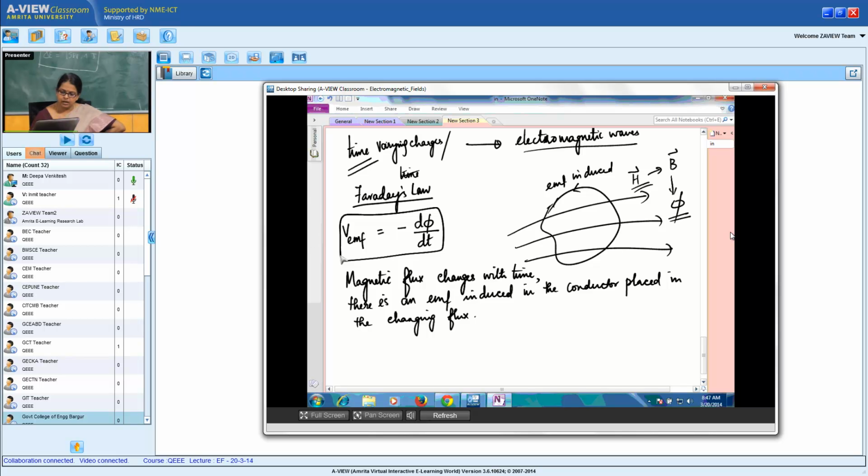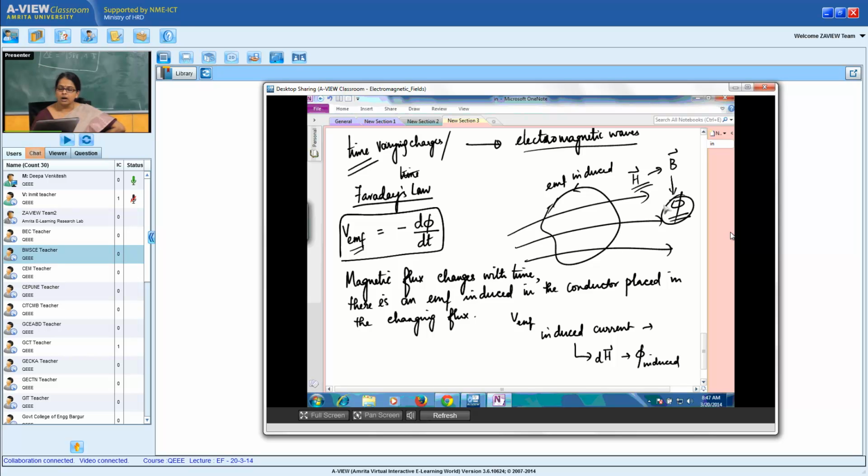It has to be negative, it can't be positive, because of the following reason. If there is an EMF, I will have induced current, right? And I know from Oersted law, Biot-Savart law, that induced current will produce its own magnetic flux. So you have a flux due to induced current.